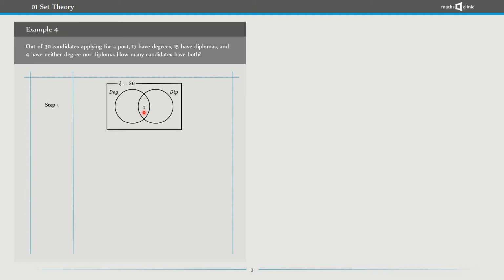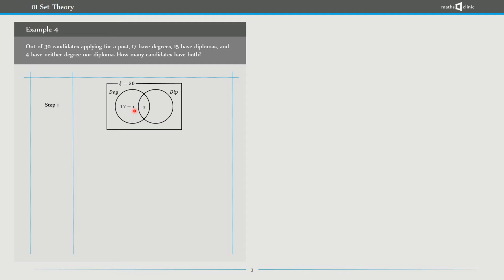Now the next thing we want to do is fill up this degree set. We've been told that in total 17 people have degrees, so this whole circle is 17. Now this remaining part would be 17 minus x.